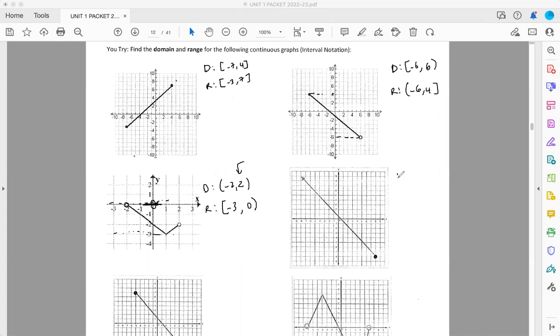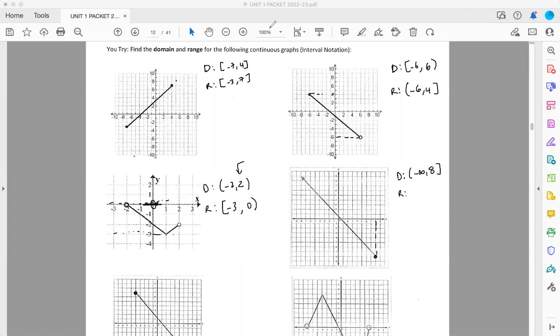For this one, the domain, the x values start at this point here, which I believe is 8, and it goes all the way to the left. So we start from left to right: negative infinity, parenthesis, negative infinity, comma 8, and then bracket because we reached 8.